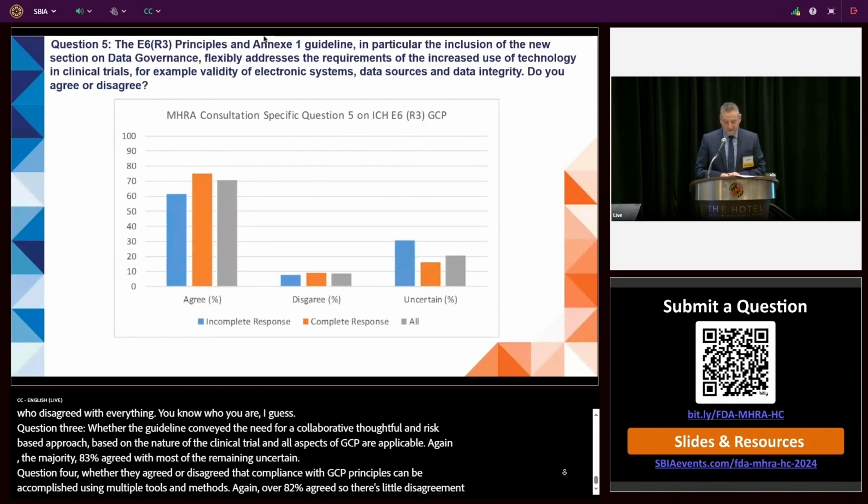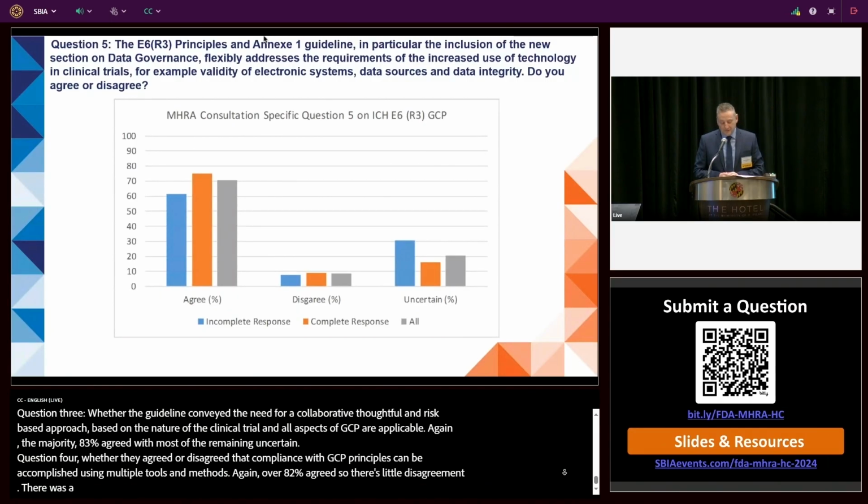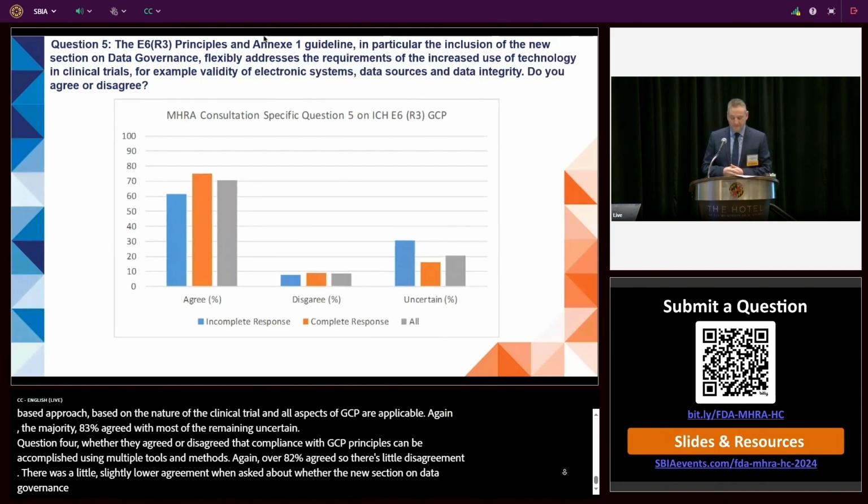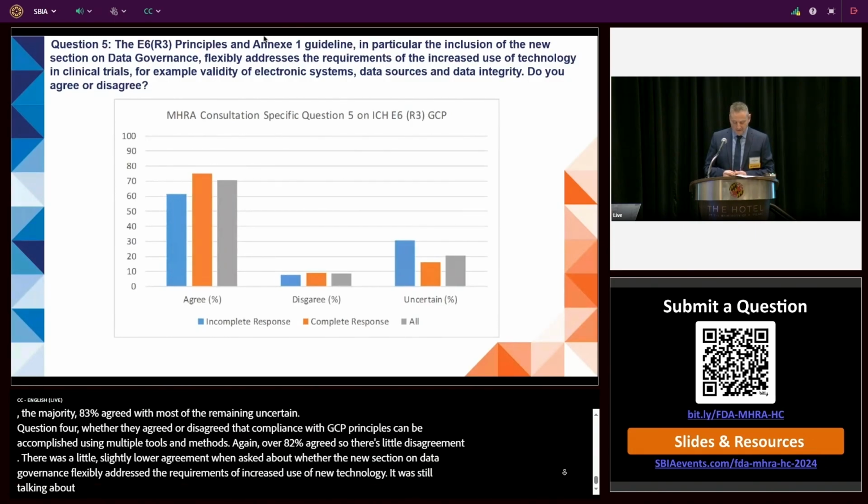There was slightly lower agreement when asked about whether the new section on data governance flexibly addressed the requirements of increased use of new technology, but we're still talking about 75% in agreement, and again, the others are mainly uncertain.